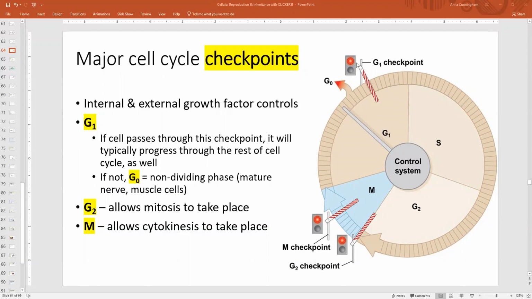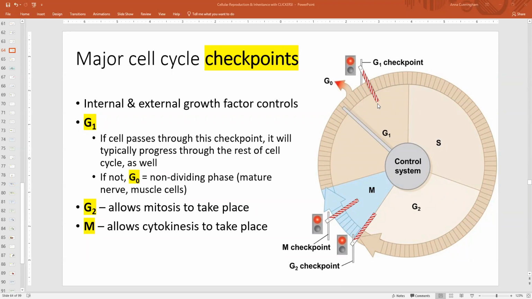First off, the G1 checkpoint. I get a little frustrated with some of the terminology, but sometimes you will hear that the G1 checkpoint is the most important checkpoint of the cell cycle. I don't think that any checkpoint is any more important than any other checkpoint, for the simple fact that all of these checkpoints are regulating cell division, which is very important.